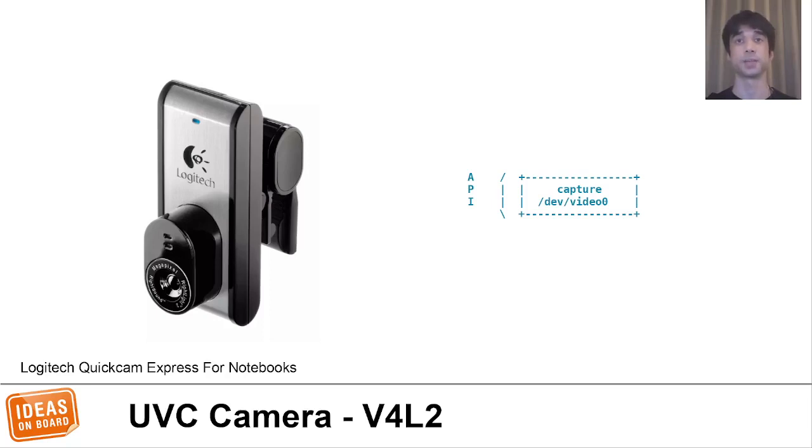You could take any application that wants a video feed from a webcam, like Jitsi on Firefox, for example, and it would access the one video node for the camera using V4L2, and it would just work.